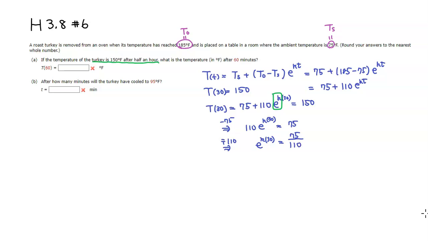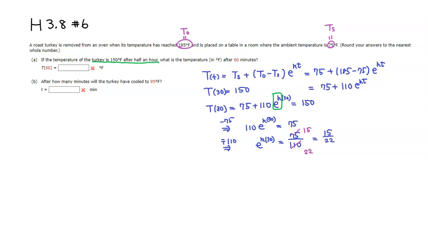Since 75 is a multiple of 5, 75 divided by 5 is 15, and 110 divided by 5 is 22. So we're going to have 15 over 22.